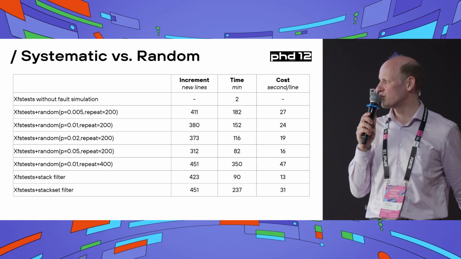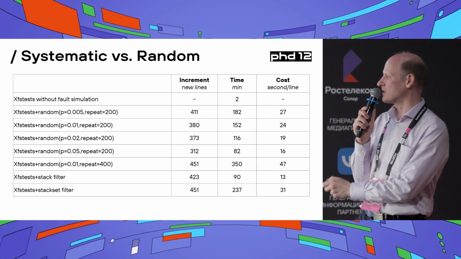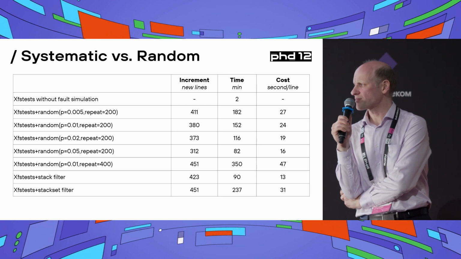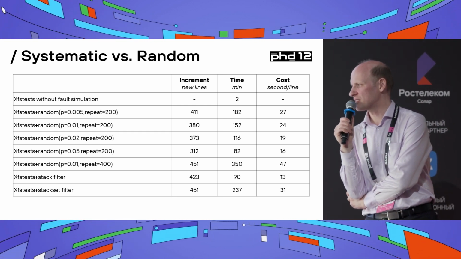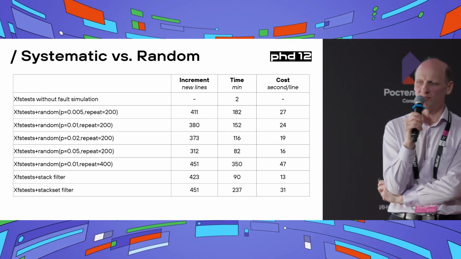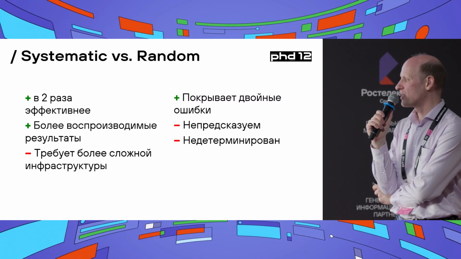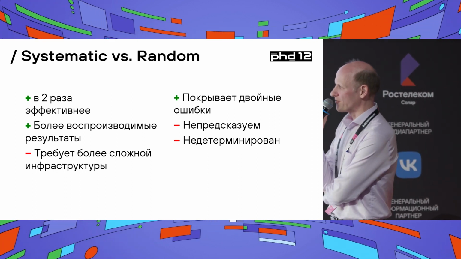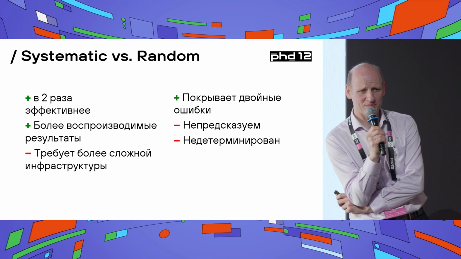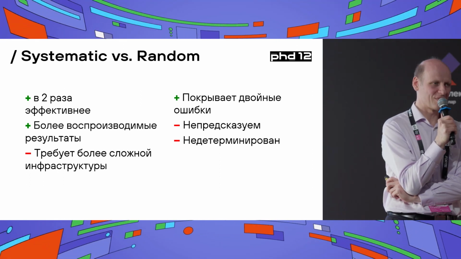So in the middle we have randomized enumeration, and the bottom two lines were systematic enumerations, when we only took into account the stack of the failure and previous stacks.